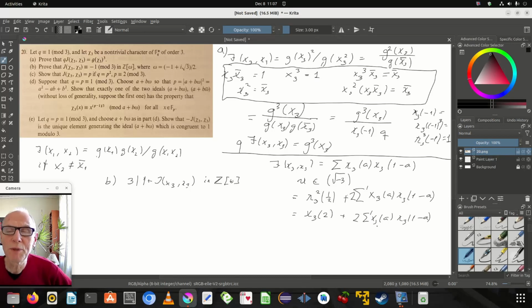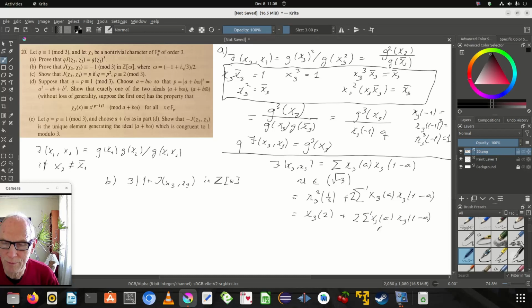So I'm trying to repeat the argument of lemma 1, I think it was. So this is congruent, or this is, yeah, multiplied by some unit times 1 plus, or lies in there, yeah.